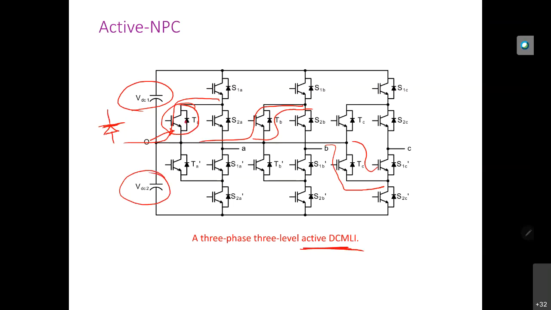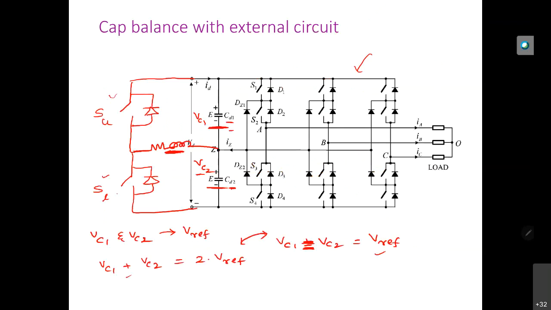This requires two additional switches. Overall, how many switches are required for 3-phase? Six switches are required, so this is 1, 2, 3. In the earlier case, only two switches are required along with a small inductance and some resistance.